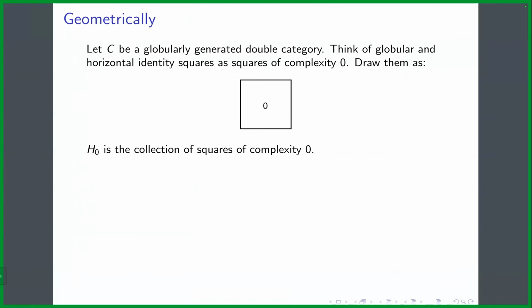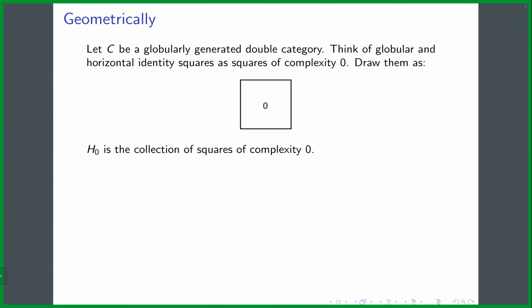So we can see this filtration geometrically in a very nice way. So suppose C is a globularly generated double category. So we think of globular and horizontal identity squares as squares of complexity 0. So we're taking the point of view that if we have a globularly generated double category, then we know everything we need to know about its decorated horizontalization.